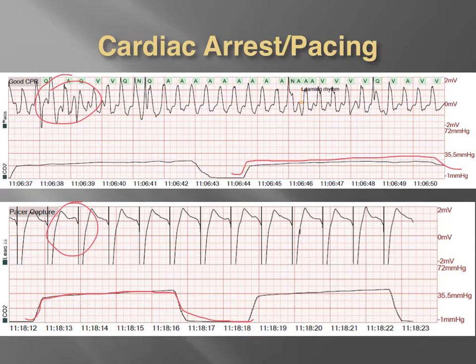Okay, so why do we have a really great waveform? Because the pacing was actually more productive for the patient than performing what we felt was very adequate CPR.